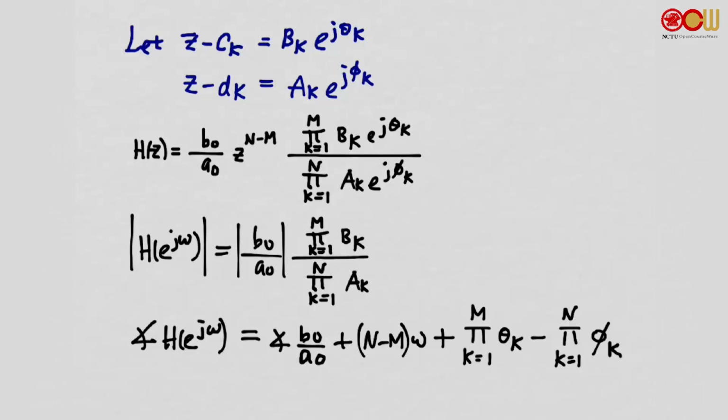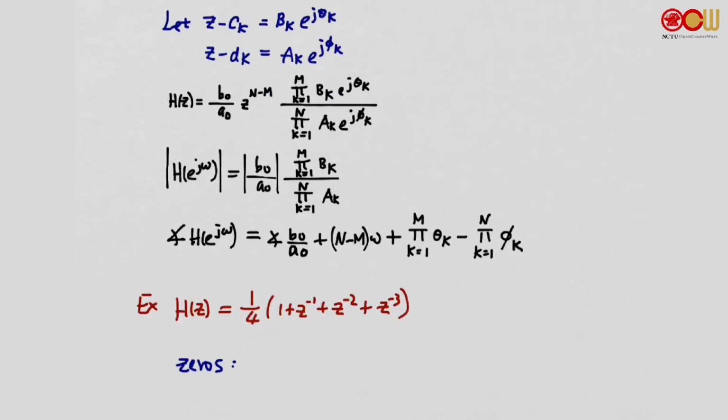So how are these derivations, the derivation of magnitude like this and phase like this, going to help us visualize the frequency response? Let's look at one example. Let's consider the 4-point rectangular window.